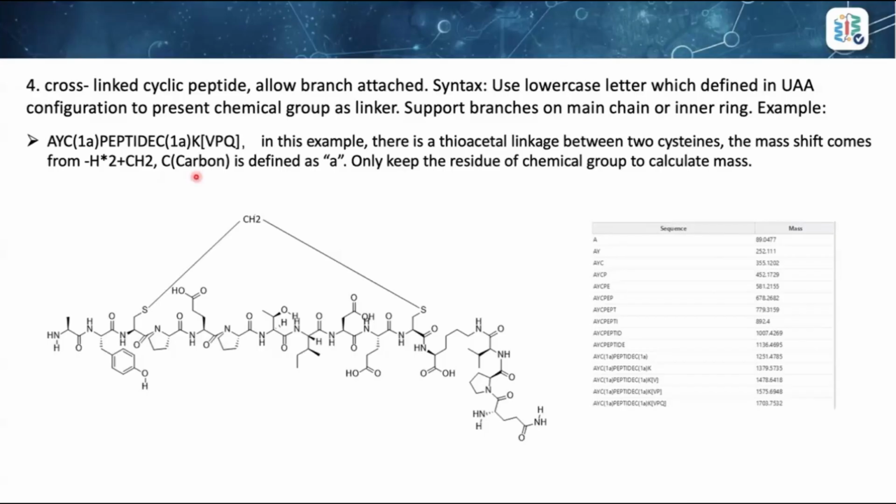We define this carbon as A. So we use this linear syntax, AYC bracket 1A, PPTIDE and bracket 1A, to present that those cysteines have a cross-linkage that forms a cyclic peptide.